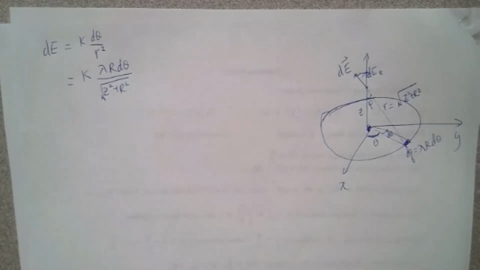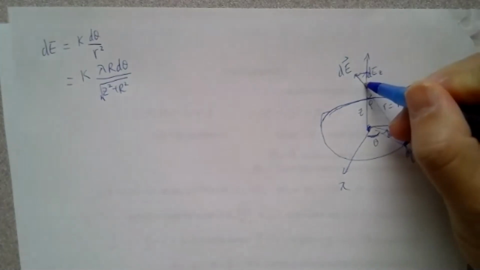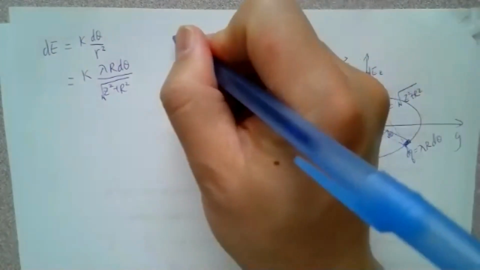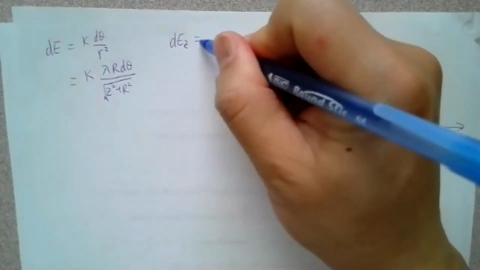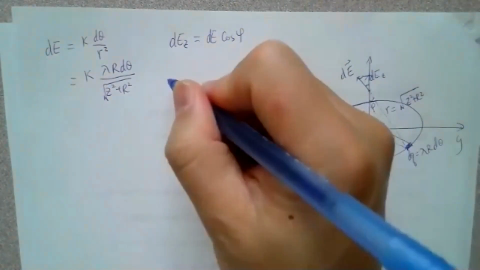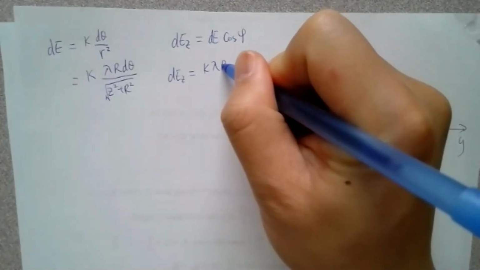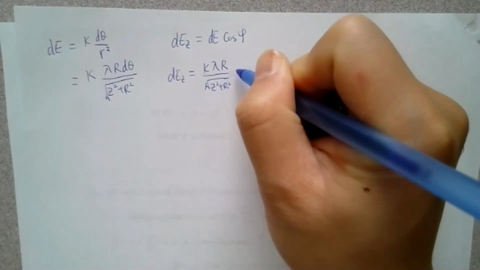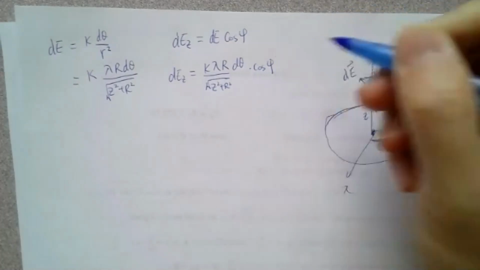So this is the overall dE. Now for the Z component, if this is angle phi, then we are doing cosine of phi. So the electric field in the Z direction, dE in the Z direction, should be equal to dE cosine of this phi angle. So dEz should be K lambda R over the square root of Z squared plus R squared, times d theta, times cosine of this phi angle.